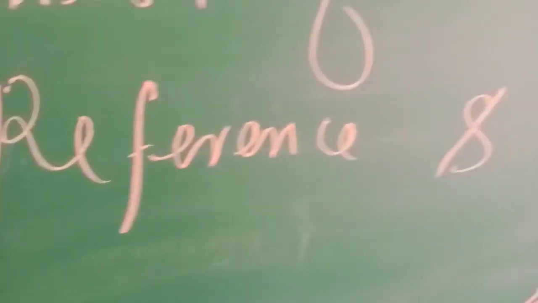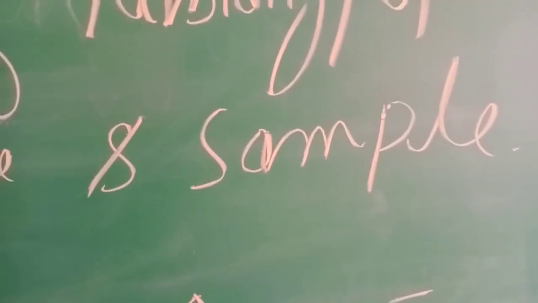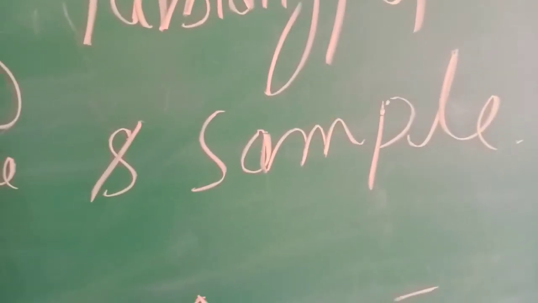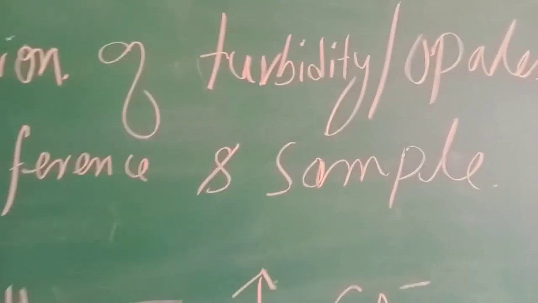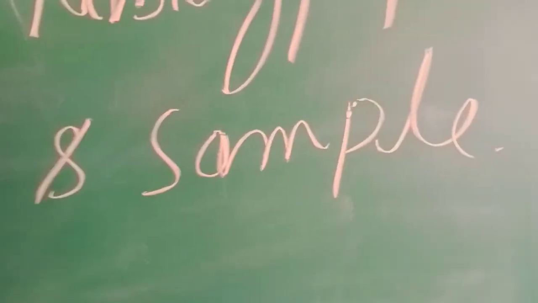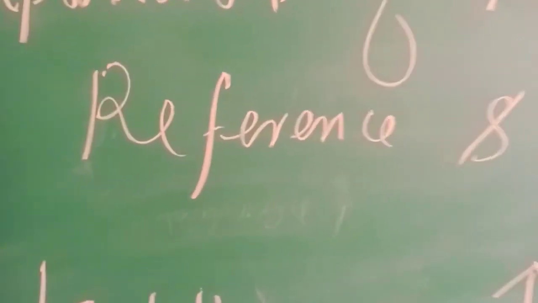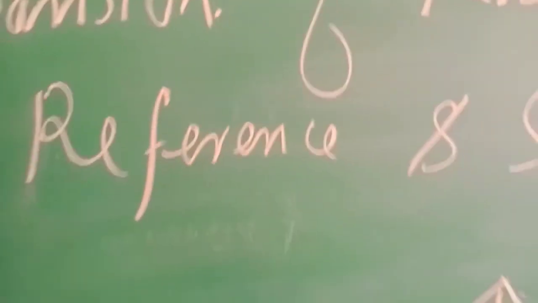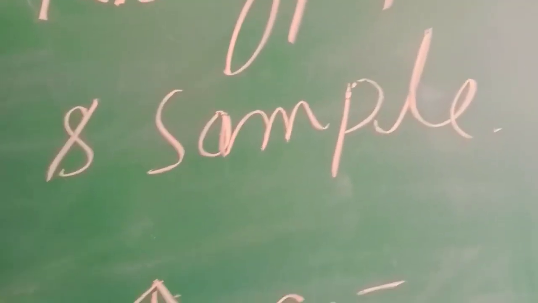this means the chloride present in the sample is well within a limit, or if the turbidity or opalescence produced by the sample is greater than reference or the standard, we can say the chloride is present beyond the limit.